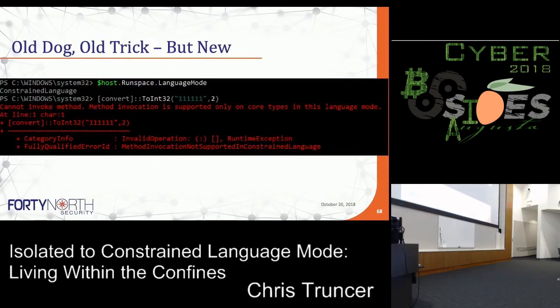So here's where I ran into a problem with Base64 encoding. As you could tell earlier, we have to figure out what the base 10 value is of some binary number to then figure out what that value is in the Base64 RFC. But that is actually blocked. You can't convert 111111 from base 2 into base 10 in PowerShell constrained language mode.